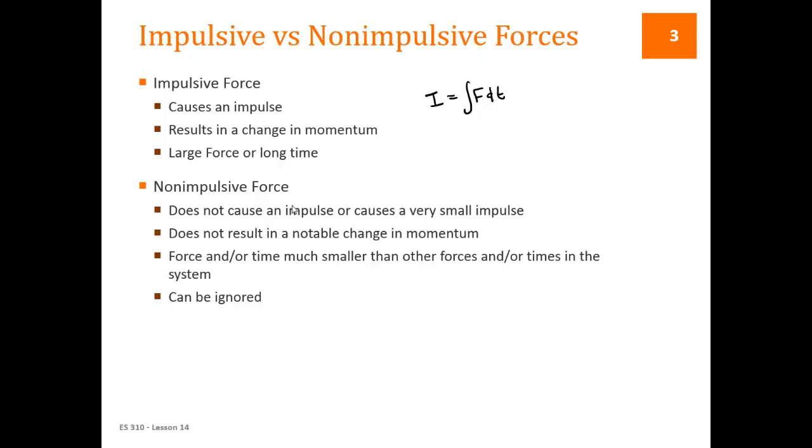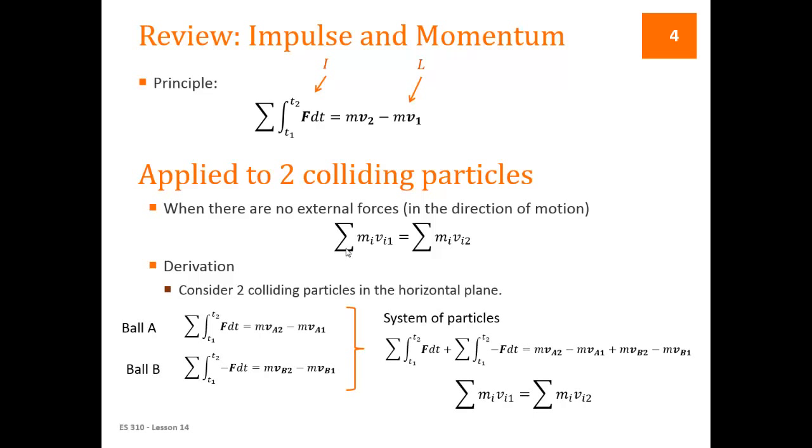It changes the momentum substantially. The weight of that ball is also a force acting on the ball over a given time. That weight is so much smaller than the force of the tennis racket that the weight is non-impulsive, so we can ignore that weight.